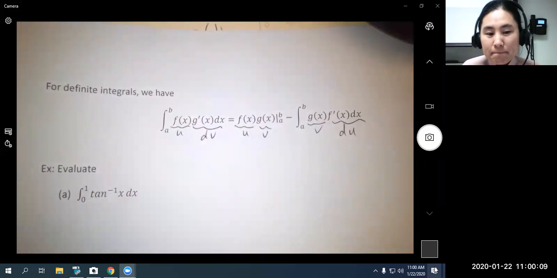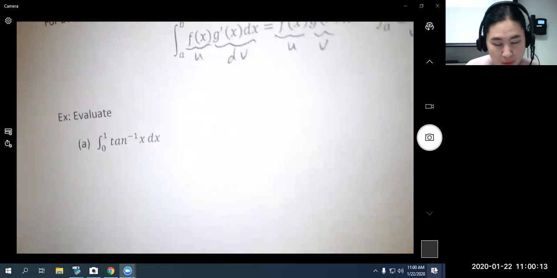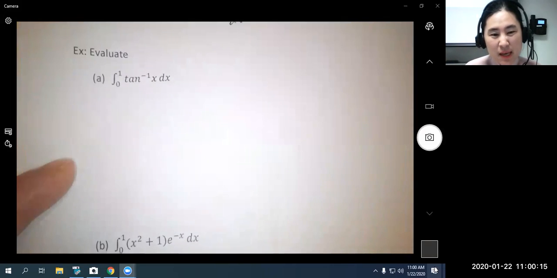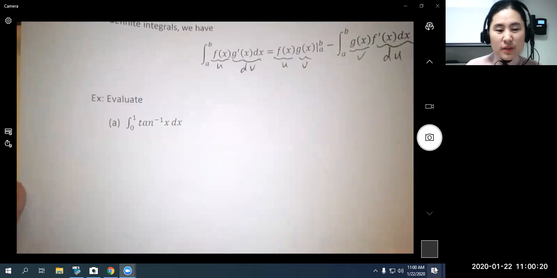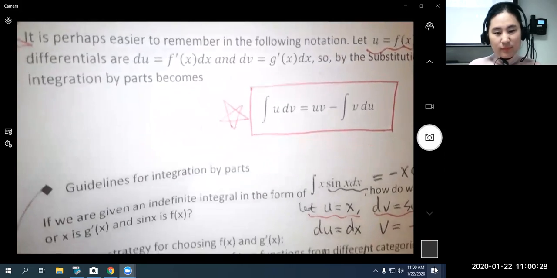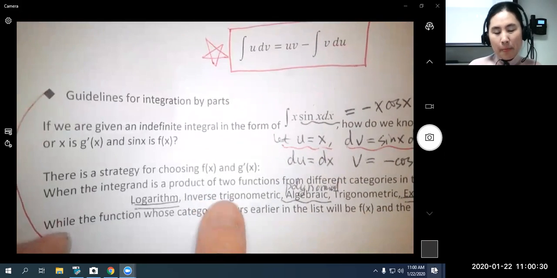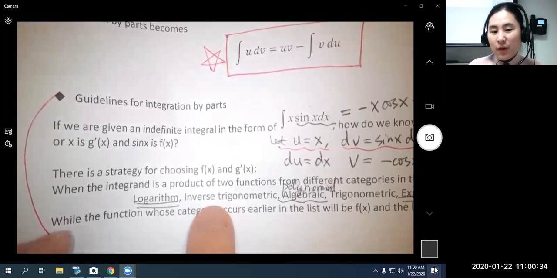All right. So let's try both of the questions together, A and B. Evaluate the integral from 0 to 1 of inverse tangent x dx. Oh, inverse trig. On the list, inverse trig is near the front for our u.